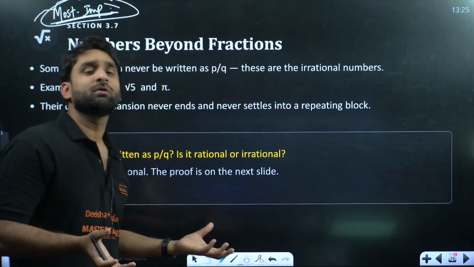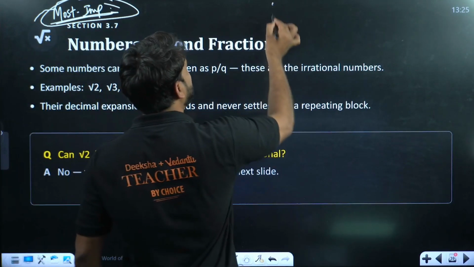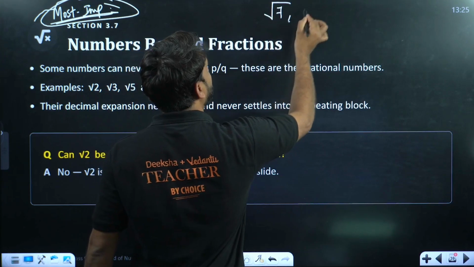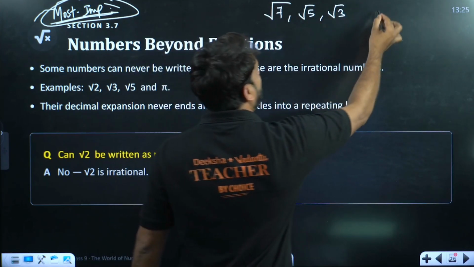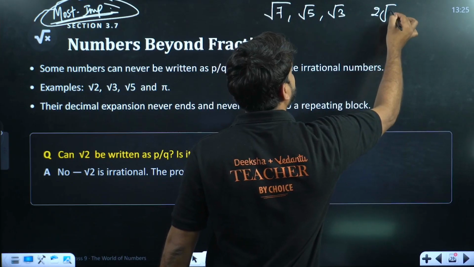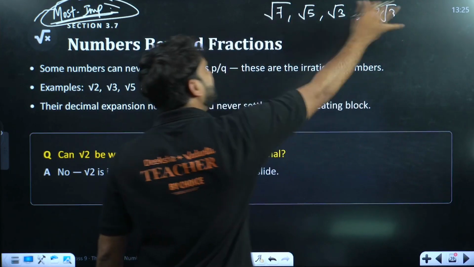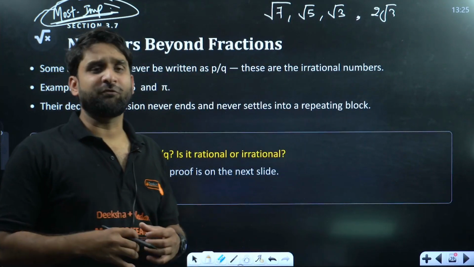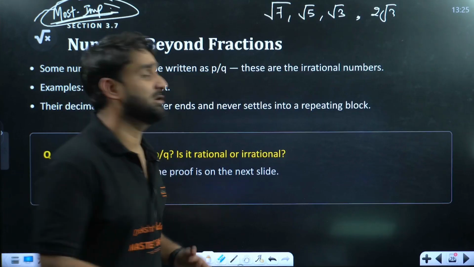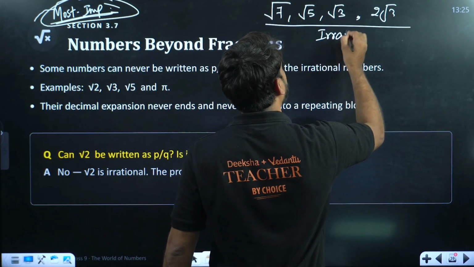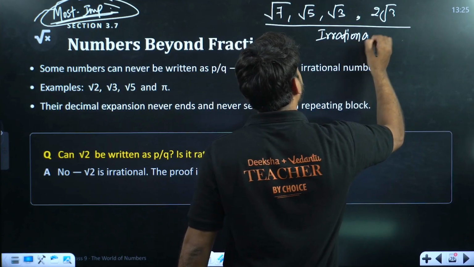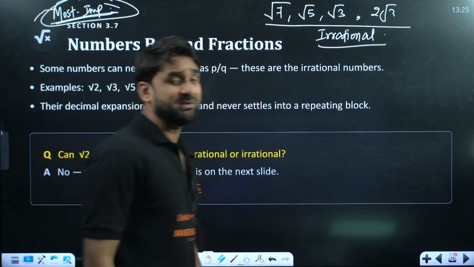There are a few numbers that come in under root form, under root 7, under root 5, under root 3, or 2 under root 3, such kind of numbers. These are apart from fractions, beyond rational numbers. Such numbers are called irrational numbers. Why are we calling this an irrational number, champions?